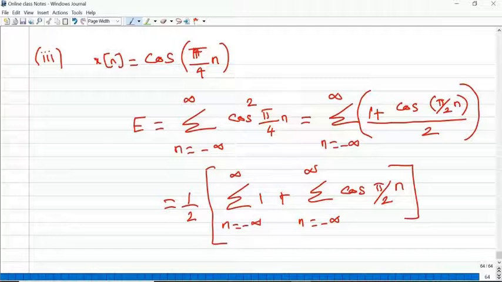The sum of 1 from minus infinity to infinity will definitely be infinite. So infinite plus any value, the energy must be infinite.